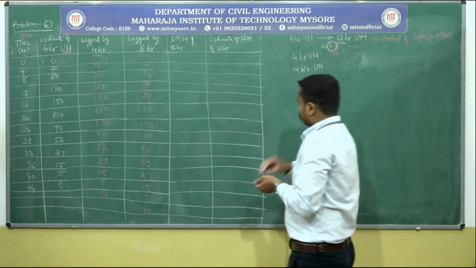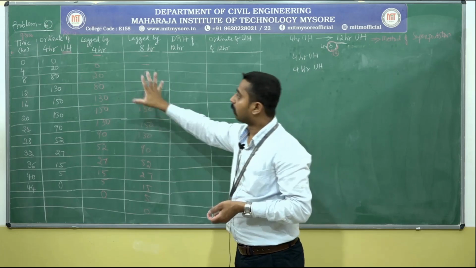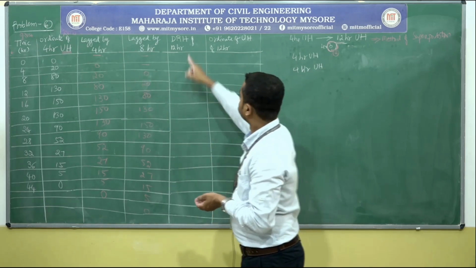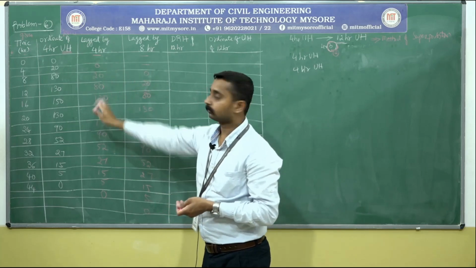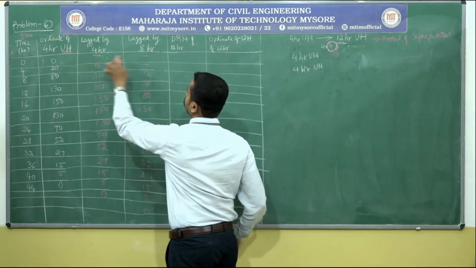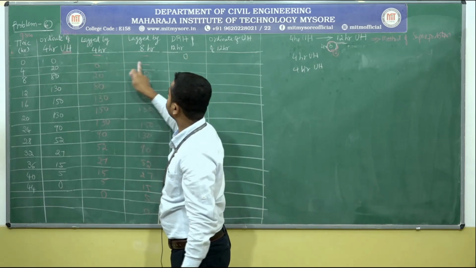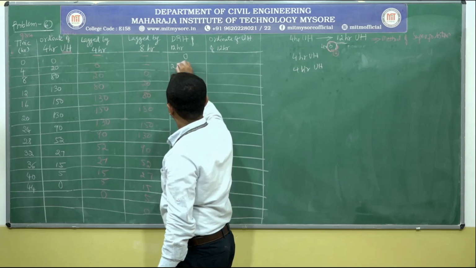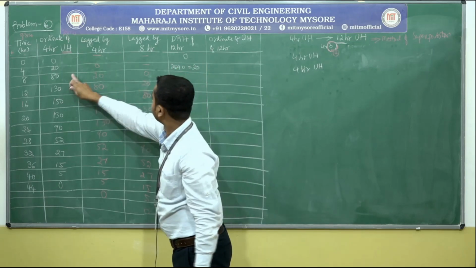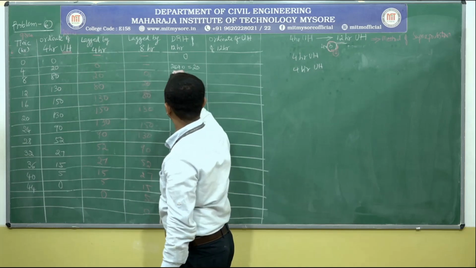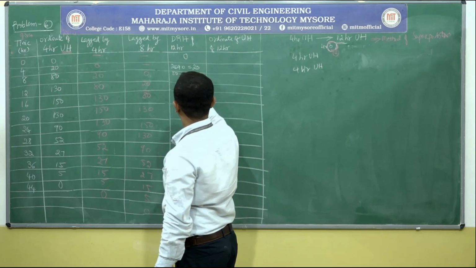Now add the ordinates of the DRH, nothing but add the unit hydrograph ordinates: 0, 0, 0 here. So this is 0. Now 20 plus 0, you will get 20. Now 80, 20, 0. 80 plus 20 plus 0, you will get 100.